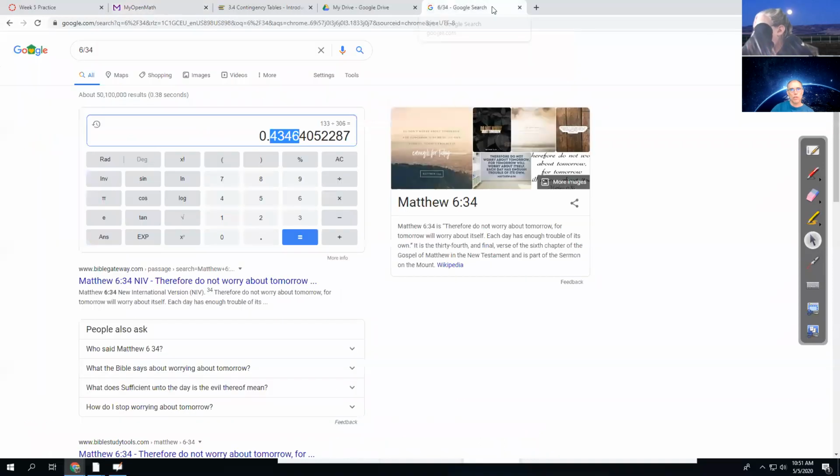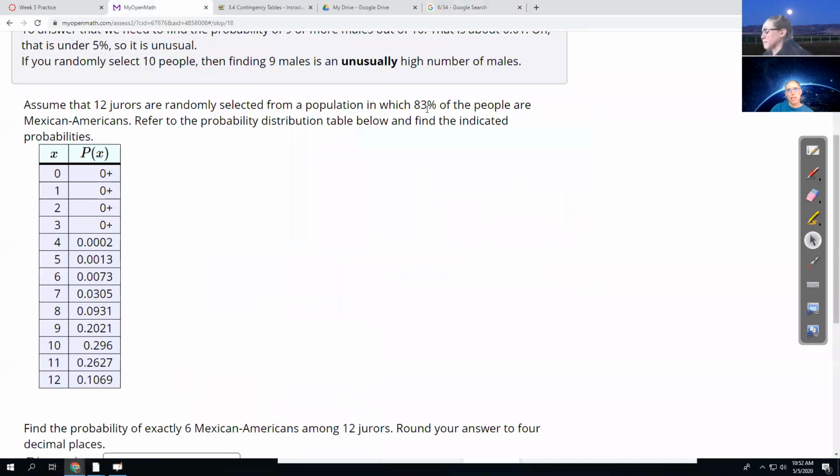And just to confirm that, if we take 12 and take 83% of that, 0.83 times 12 gives us 9.96, which is about 10. So this says, on average, you should expect about 10 out of every 12 people you randomly select to be Mexican American, if the population is 83% Mexican American.